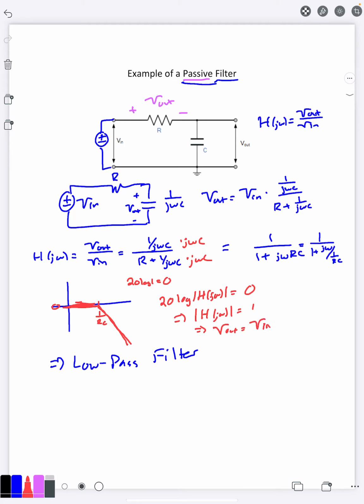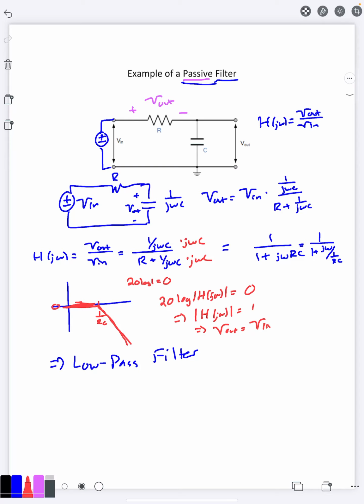So for this filter, the best you'll ever get is when the output is equal to the input. It can never be greater than it. So the gain of output to input is always less than or equal to 1. And that is true for every passive filter.